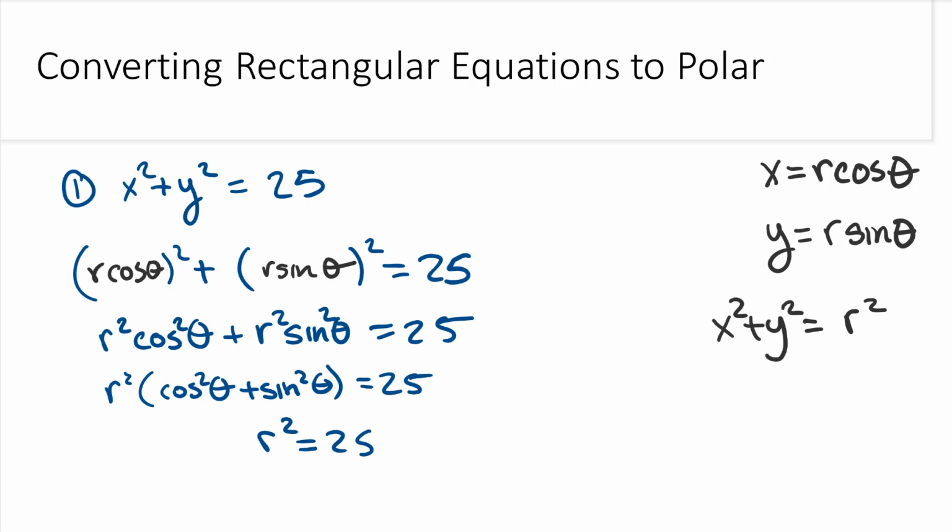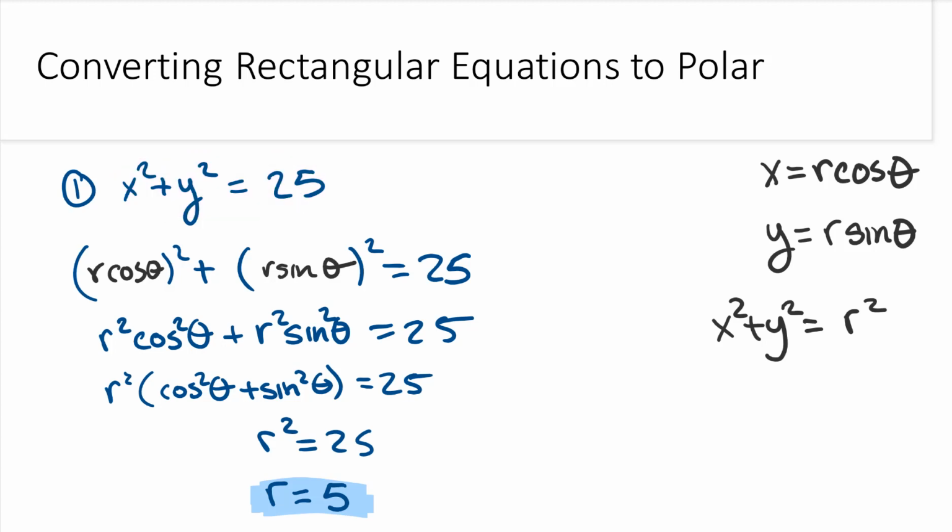And now the way we write this, the way our equations are going to go, is we think of r. R is what we kind of set it equal to. So we don't want to leave an r squared if we can. We can hit both sides of this equation with a square root, and we can say that r is equal to 5. And there it is. We've converted it. I'm not sure if you know this, but this is the equation of a circle. x squared plus y squared equals a number.